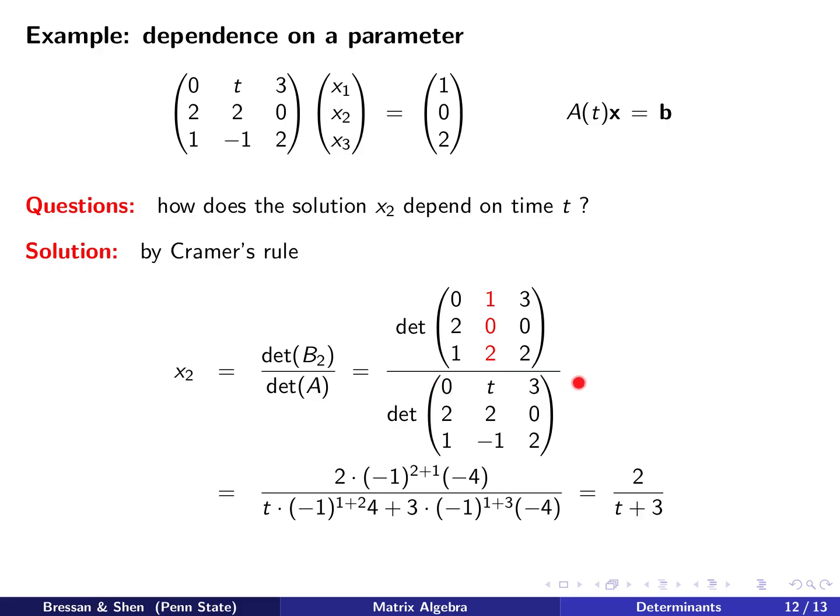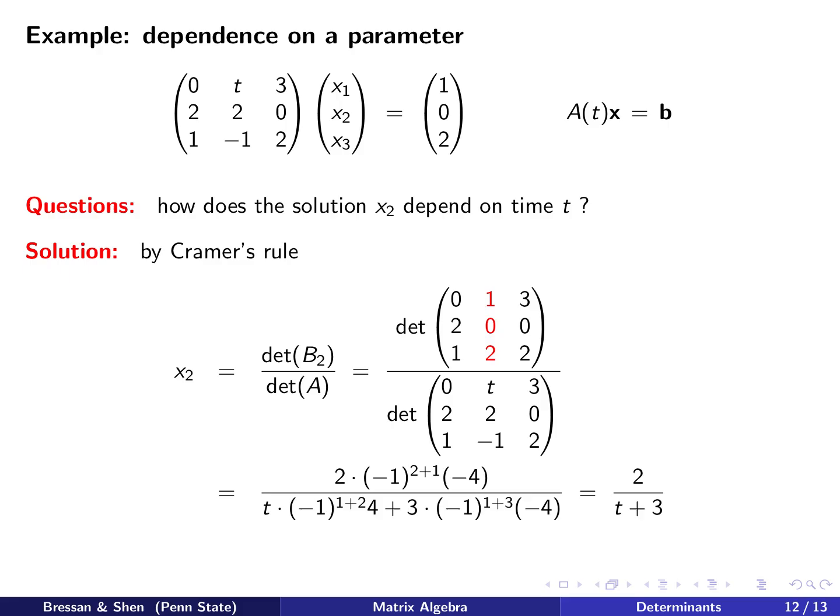So you take this and cross out this row and this column. You have 2, 0, 1, 2, and you find the determinant, which is 4, 2 times 2. And then the last is this position. You have a 3, you have -1 to the power 1 plus 3, and then you cross out the first row, third column, and you have this one. The determinant is -2 minus 2, which is -4. Okay, so still quite a bit of computation, but it's doable.